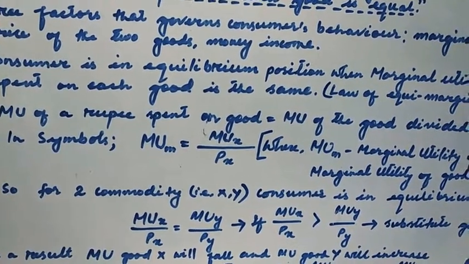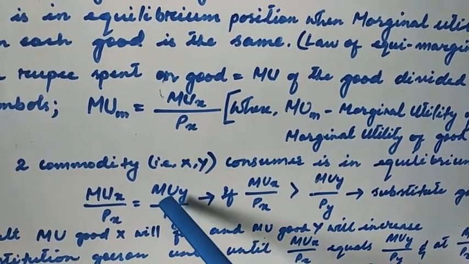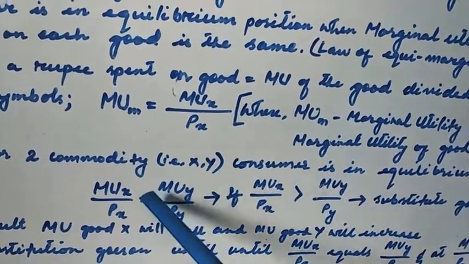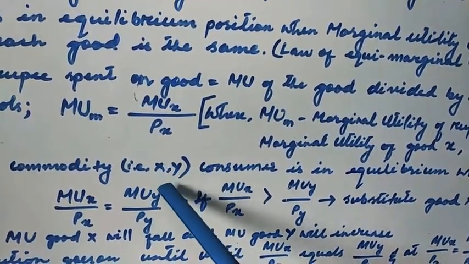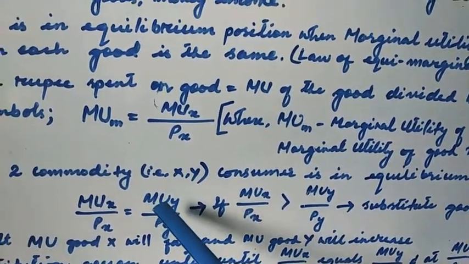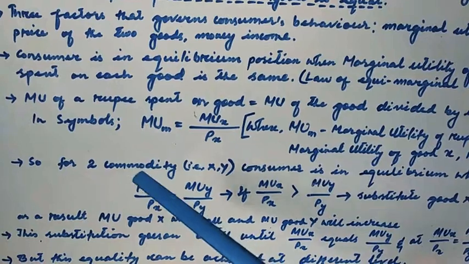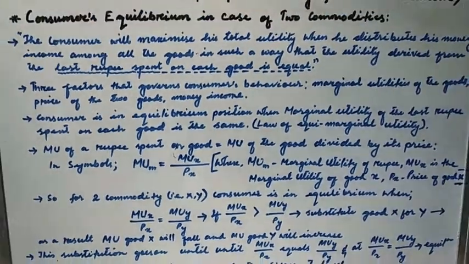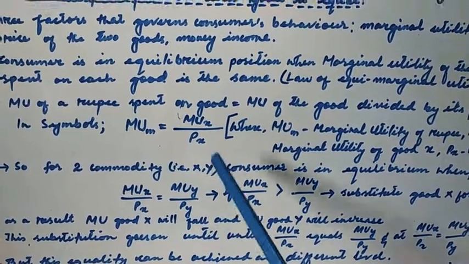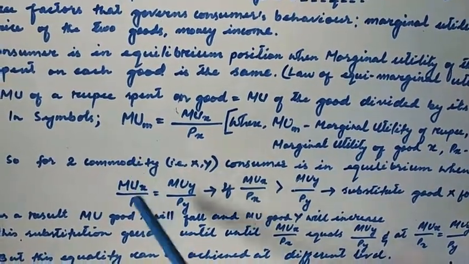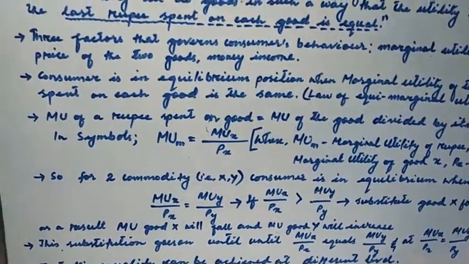For two commodities, say good X and good Y, a consumer is in equilibrium when MUX/PX equals MUY/PY. So the marginal utility of good X divided by the price of X must equal the marginal utility of good Y divided by the price of Y. Which means the utility derived from the last rupee spent on good X and good Y must be equal. So that is the situation of equilibrium.